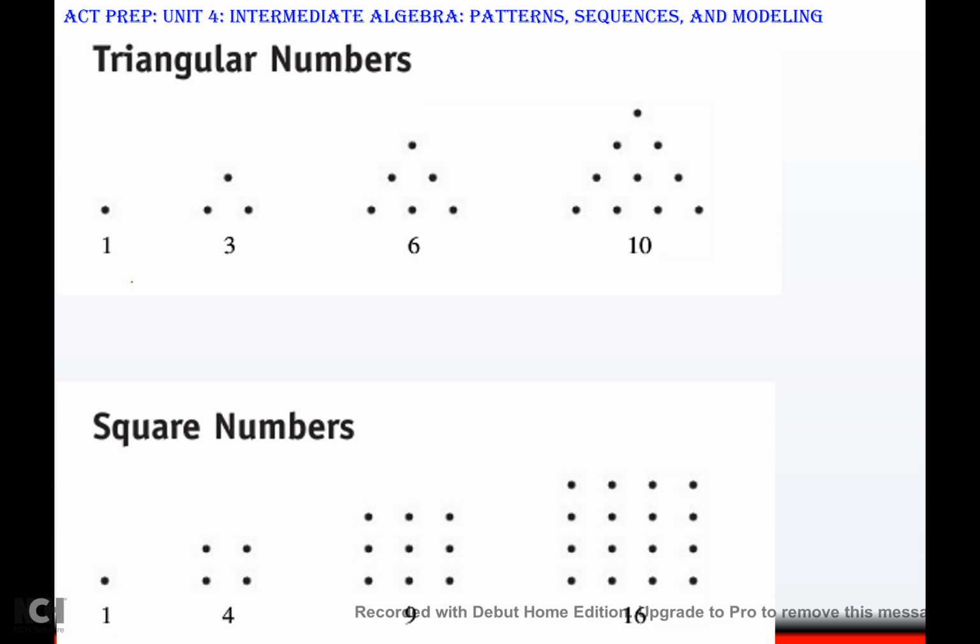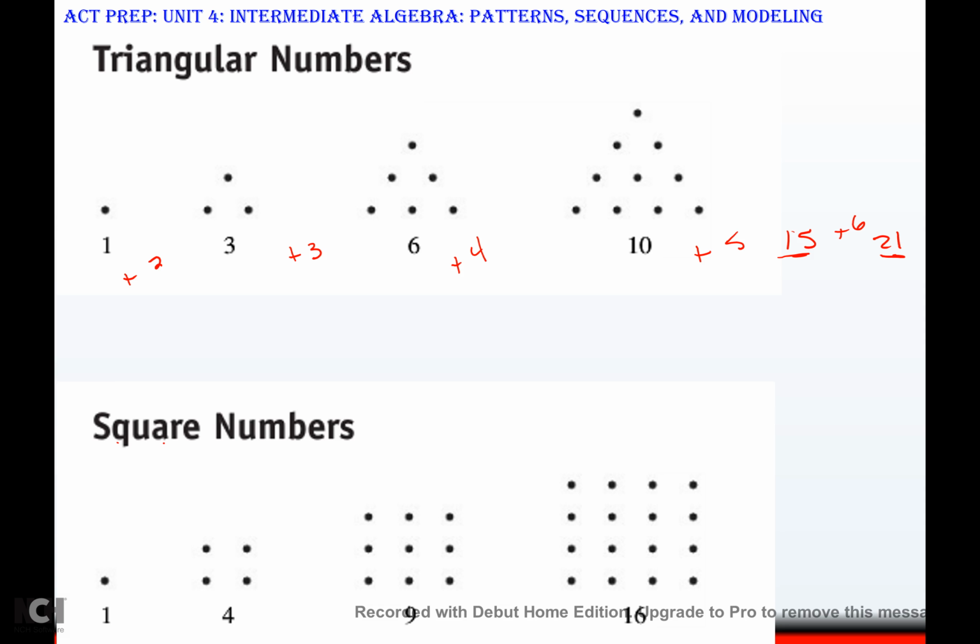Here, we're going to add 2 dots to get 3. Here, we're going to add 3 dots to get 6. Here, we're going to add 4 dots to get 10, so guess what the next one's going to be? We're going to add 5, which would make 15. And then we'd add 6, so the next one would be 21, and we could keep going. The next one we would add 7, and so on and so forth.